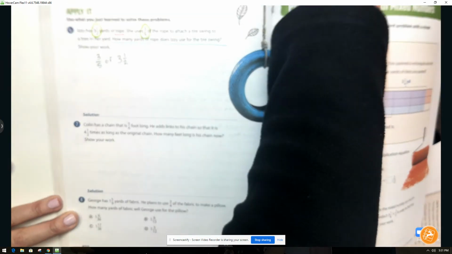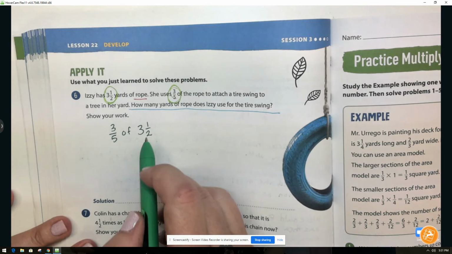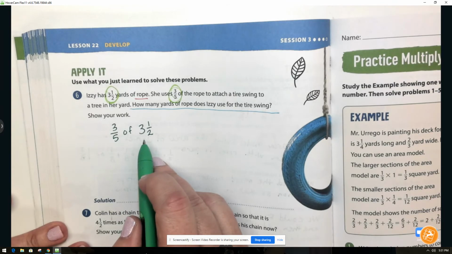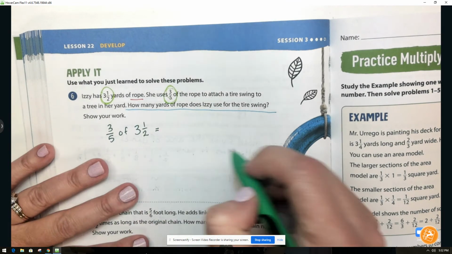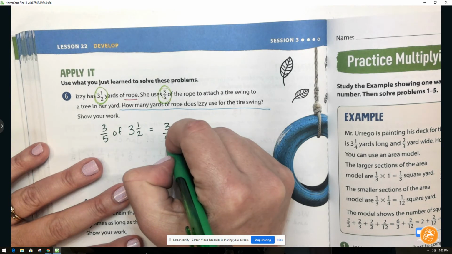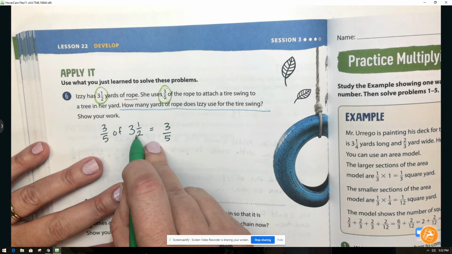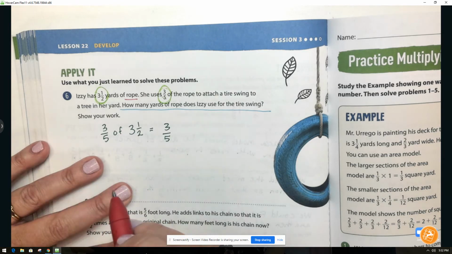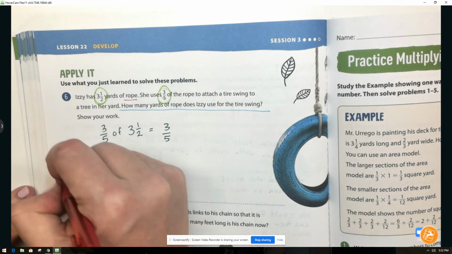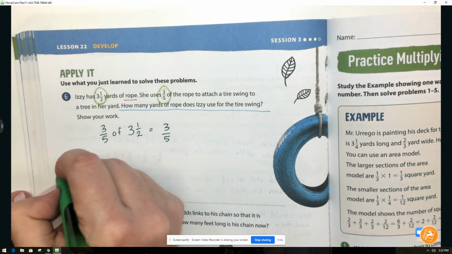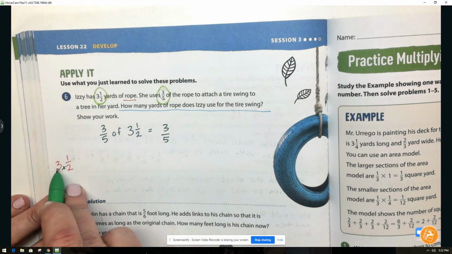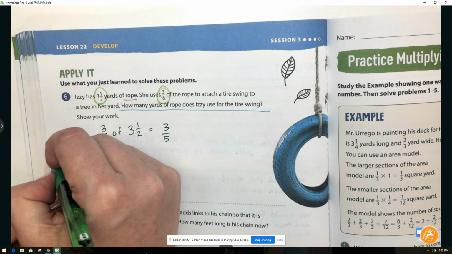So to do this, I'm going to go ahead and change 3.5 to an improper fraction. So we have 3/5 stays the same. Now when I'm changing 3.5 into an improper fraction, I'll do it over here. So if I have 3 and 1/2, I'm going to multiply 2 times 3 to get 6.